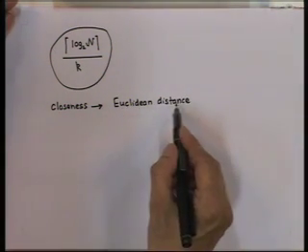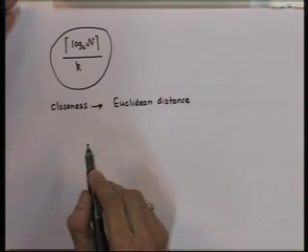So, we will compute the Euclidean distance between the input vector and the code vector.